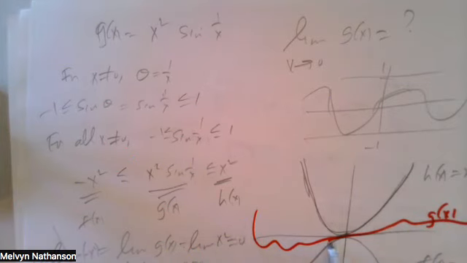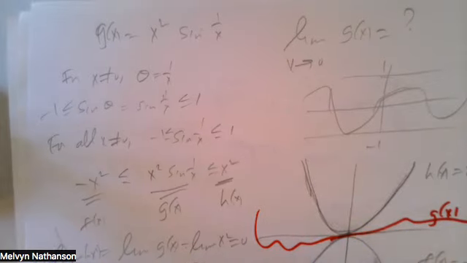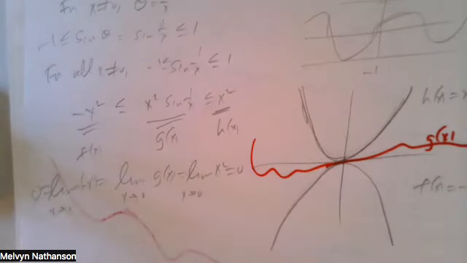So this complicated function g of x is squeezed between these two parabolas. And these both approach 0 as x approaches 0. So g of x has to approach 0 as x approaches 0. Right? That's an example of the squeeze theorem in operation. And again, I'm trying to pick examples that are in the book, so it's very easy to follow when you're studying at home.